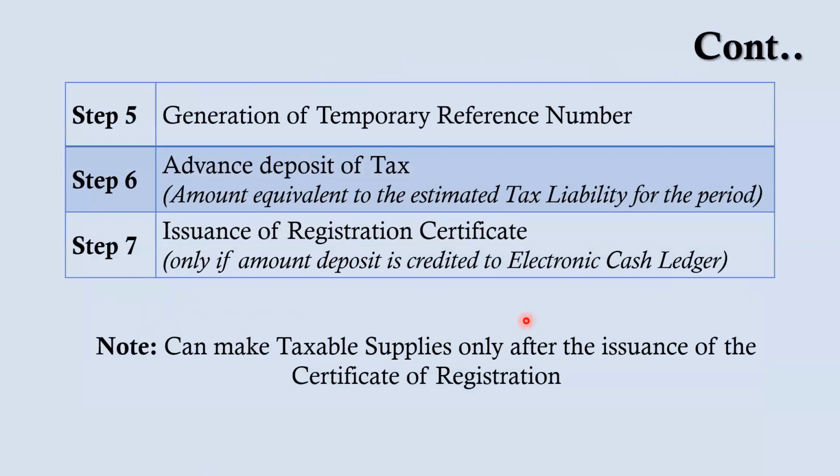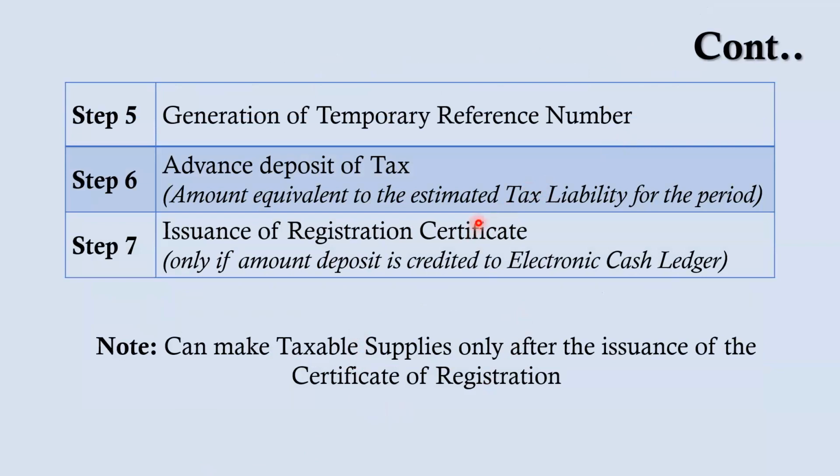The next step is generation of the temporary reference numbers. Then one has to do the advance deposit, which is an amount equivalent to the estimated tax liability for the period. Same is applicable if you remember we have done for the casual taxable person.